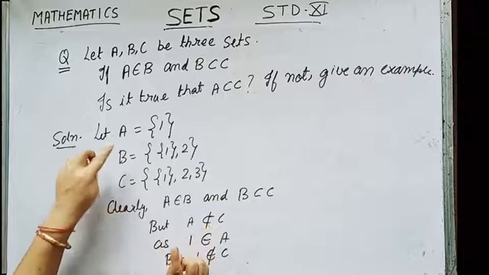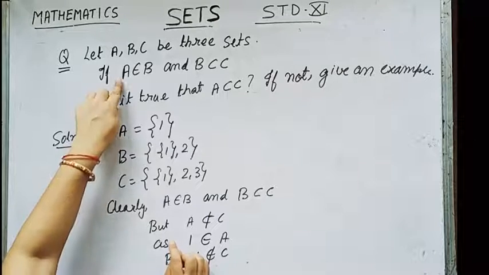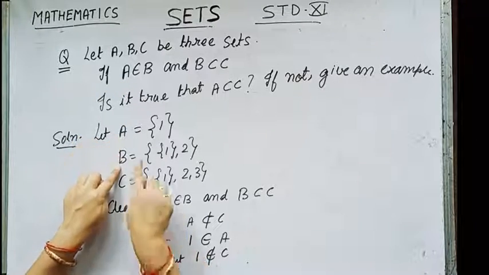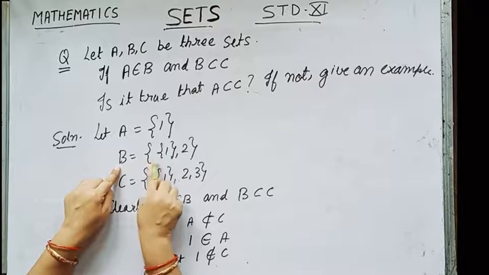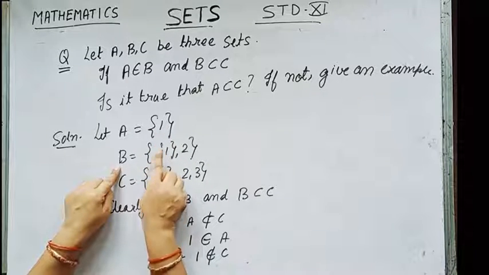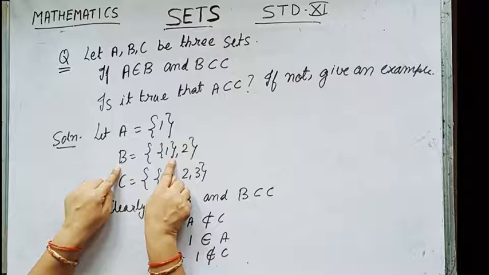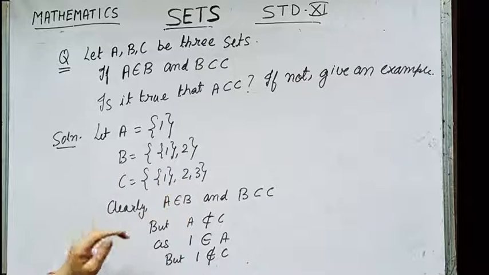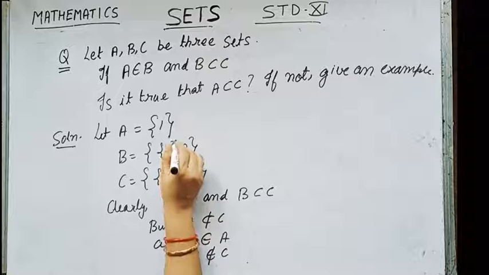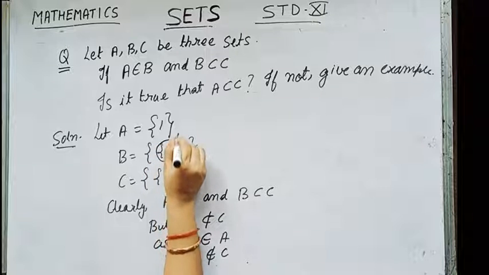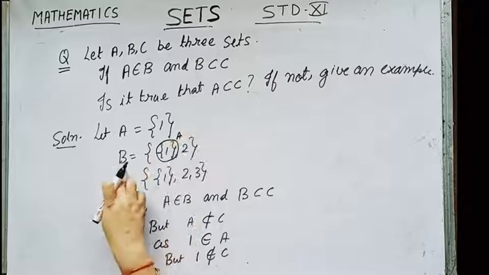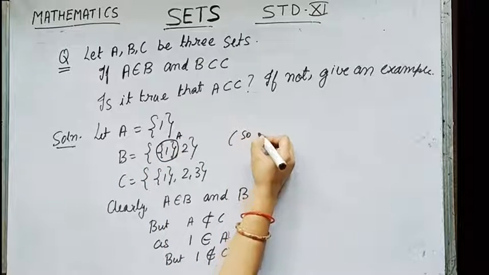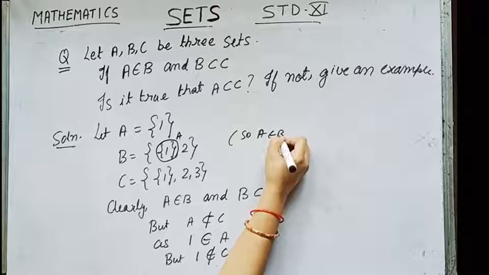Then obviously A belongs to B, as A is a set having the element 1, and over here B also has one element, that is the set containing 1. I think you understand children. Over here this one is A only. So A belongs to B.